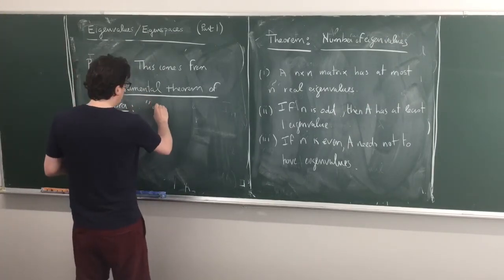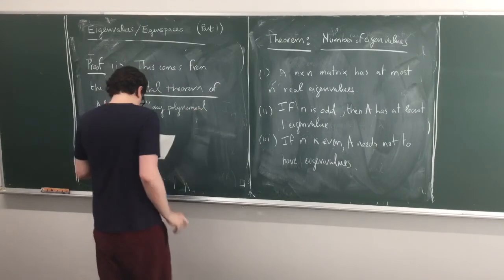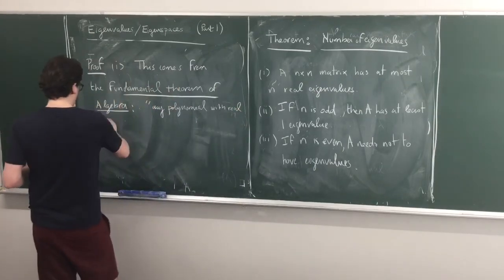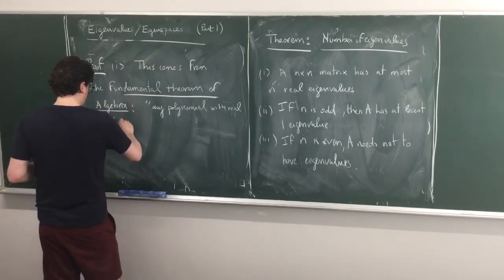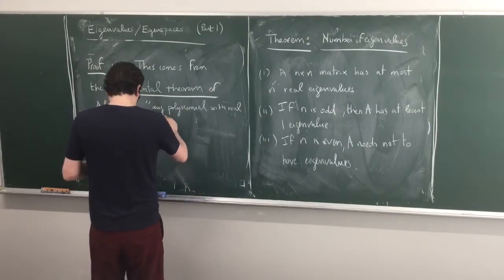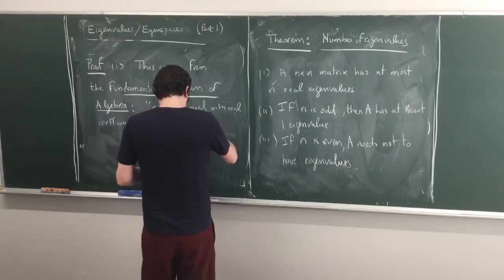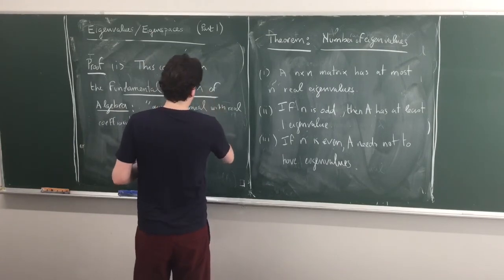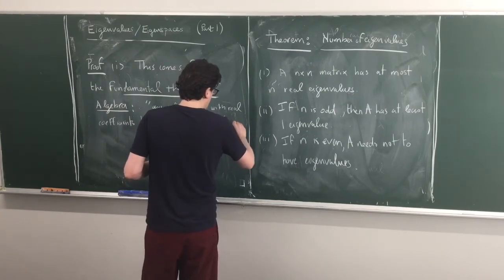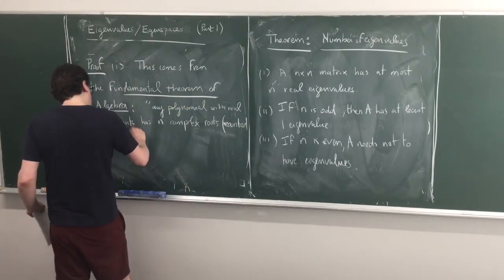It says that any polynomial with real coefficients has n complex roots counted with multiplicities.